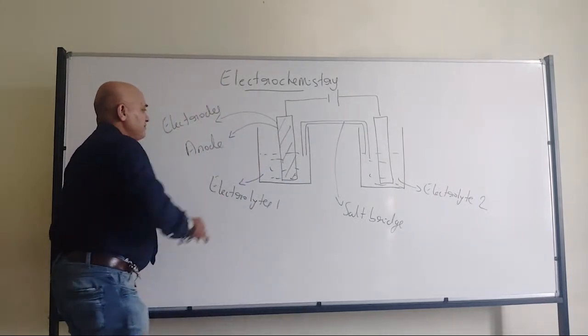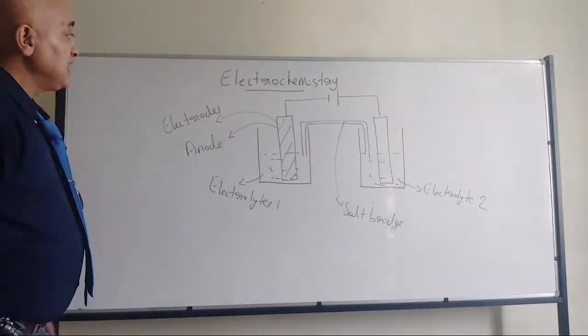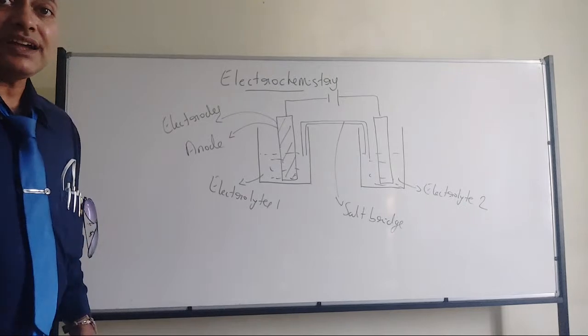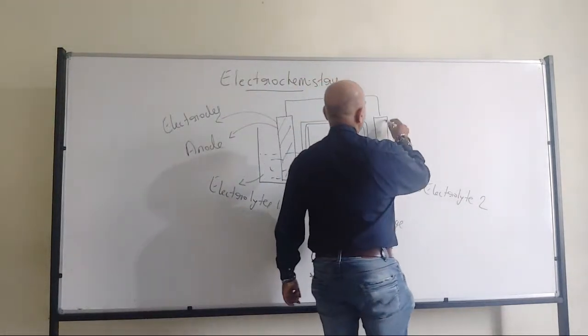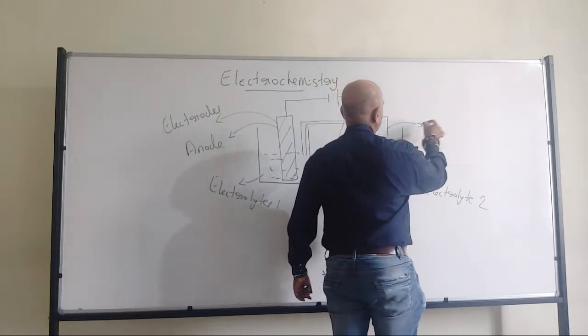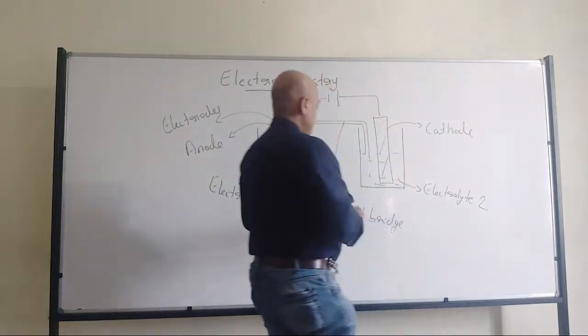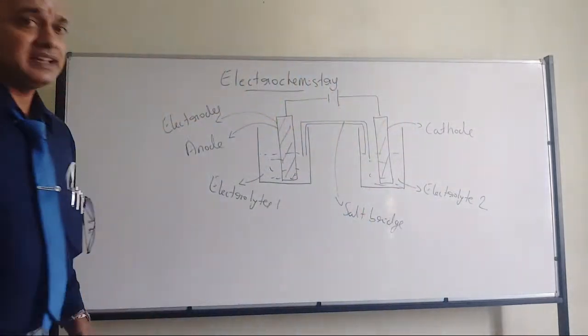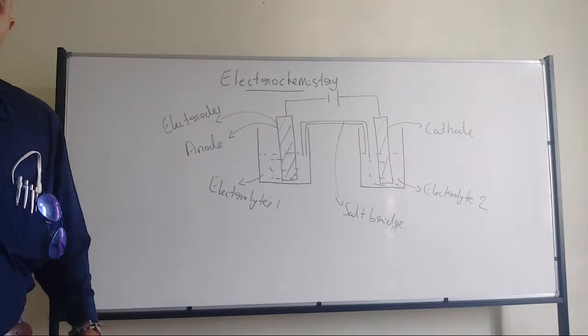Always remember, whenever we are drawing the picture of a cell, the anode should be written on the left hand side, and on the right hand side it will be the cathode. So we have two terminals, the anode electrode and the cathode electrode.